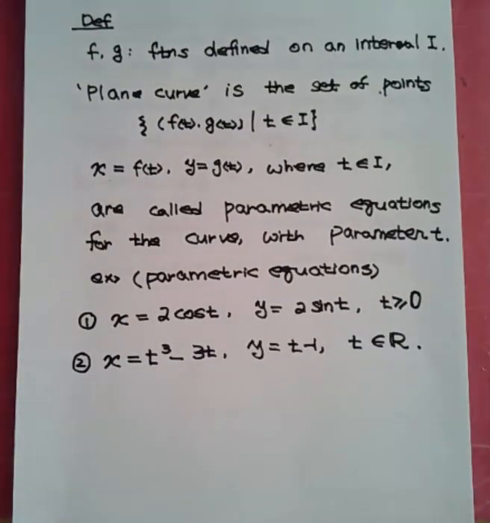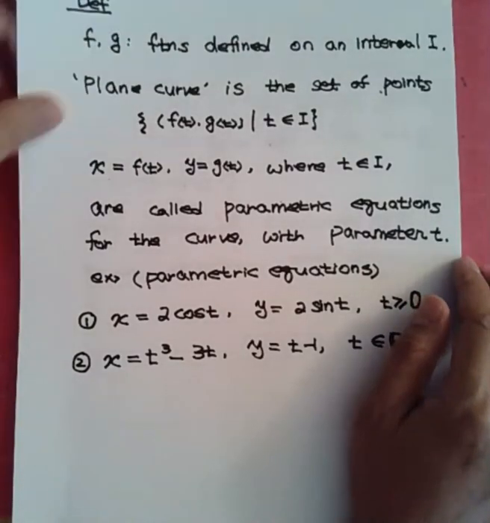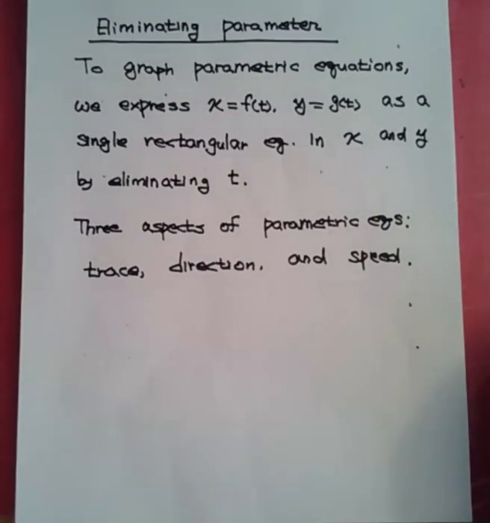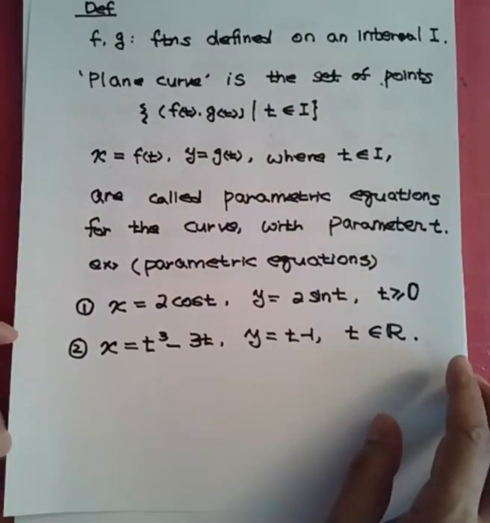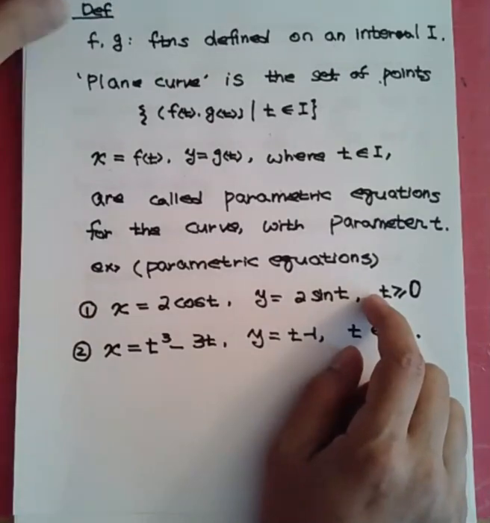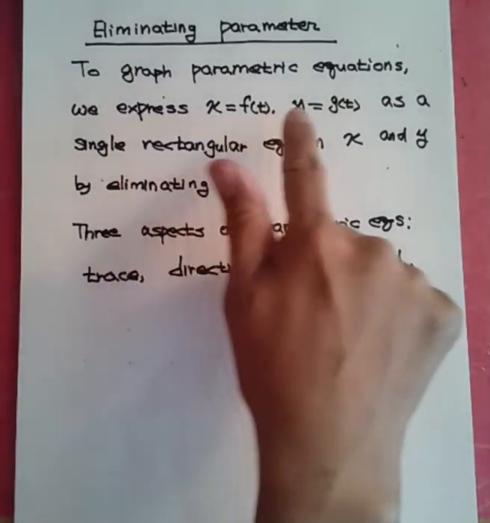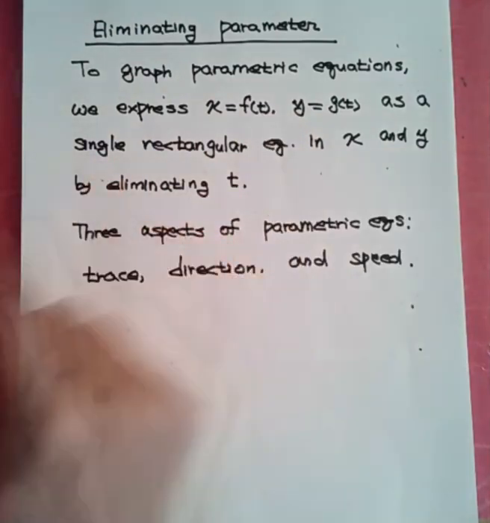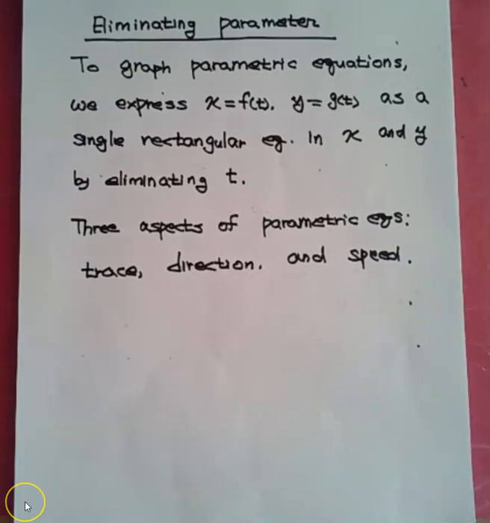To draw a plane curve from parametric equations, we use the eliminating parameter method. The parameter in these equations is t. The eliminating parameter method tries to eliminate t, and we combine x and y together to form a rectangular equation, and then we graph the equation of x and y.